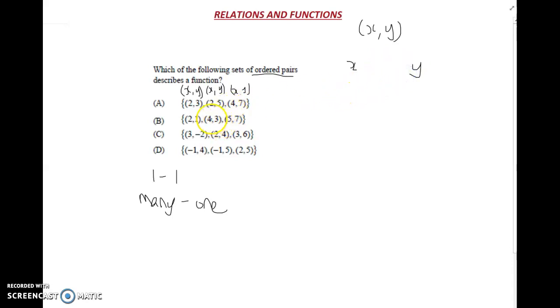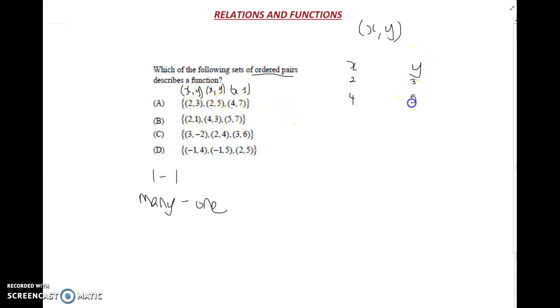So my x values for the first one would be 2 and then 4. You see here, the x value is just 2 and 4. The 2 was repeated, so we put 2 once. And then we have 3, 5, and 7 for the y.